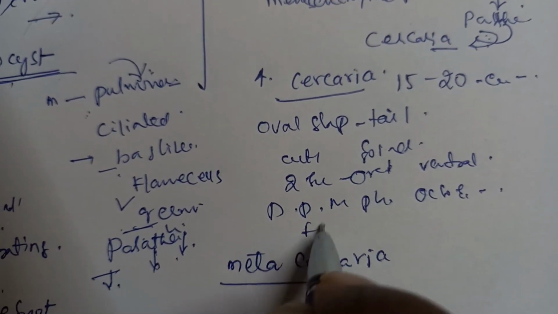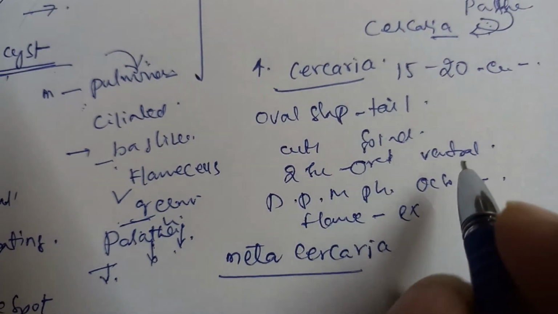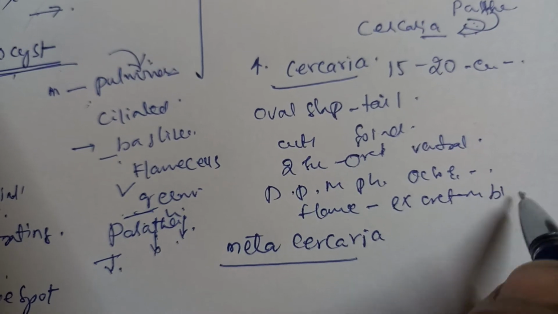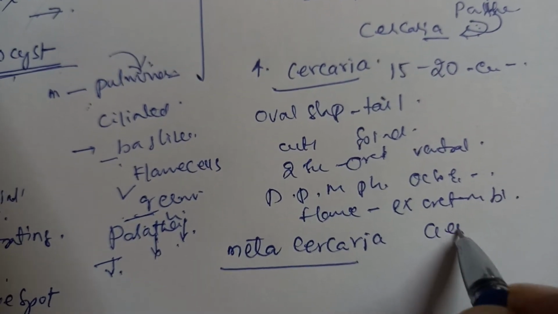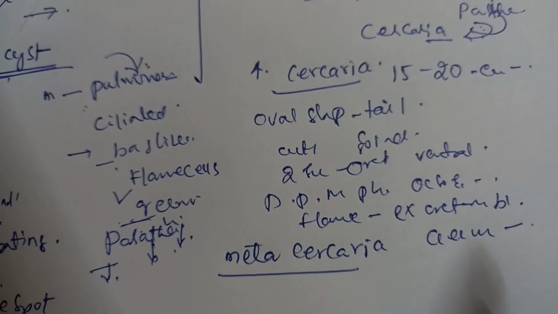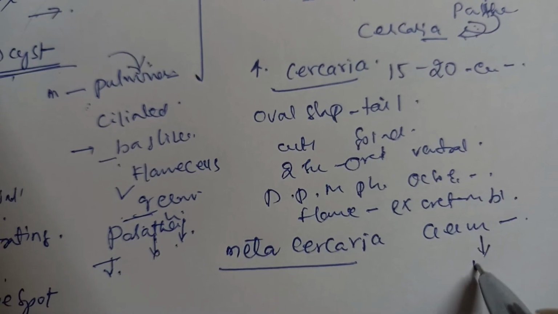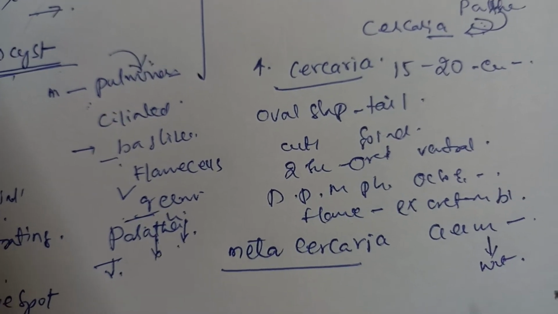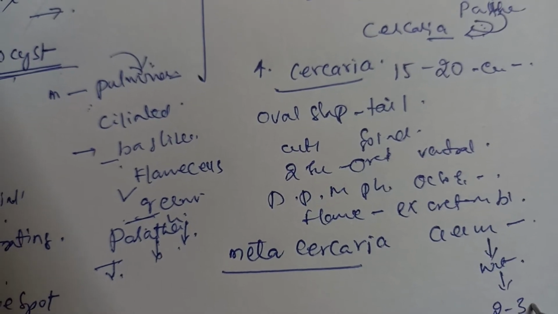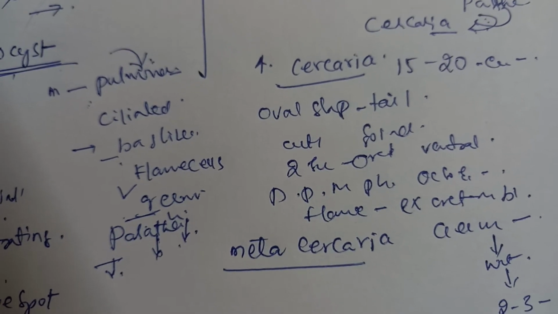Also more flame cells are present, and an excretory bladder is present, and germ cells are present. The completely developed Cercaria will enter into the water from the body of the snail. These Cercaria larvae swim for 2 to 3 days in the water and settle on the water plants.